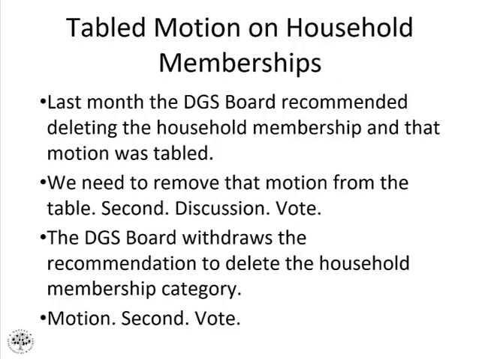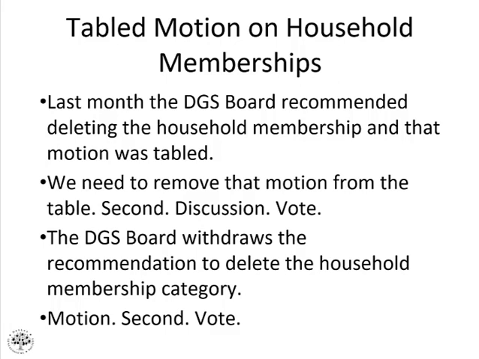Okay. Now the second part of this is we need to vote on the motion that the board had put forth to delete the household membership category. And so what we need to do is the DGS board is now recommending that we withdraw that motion, and we want to withdraw the recommendation to delete the household membership category.